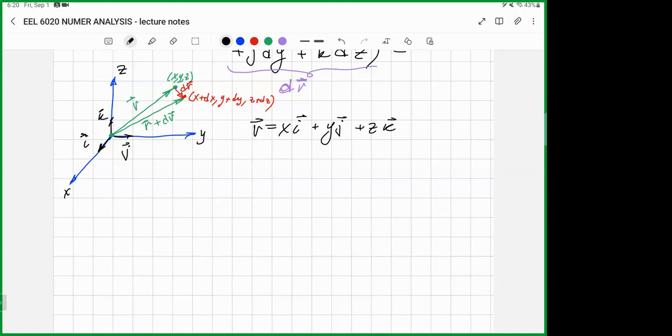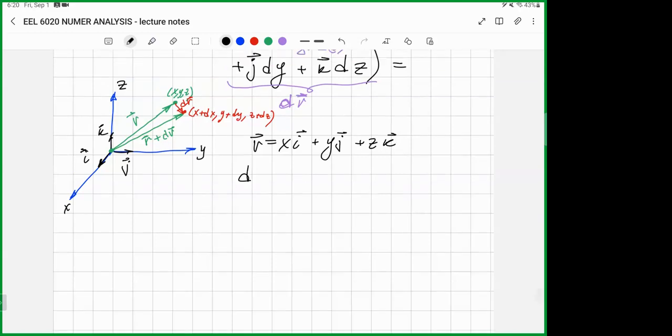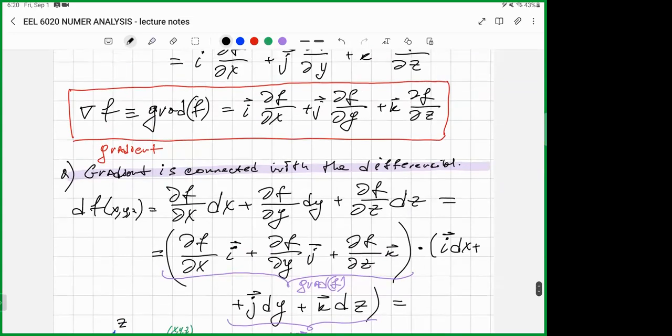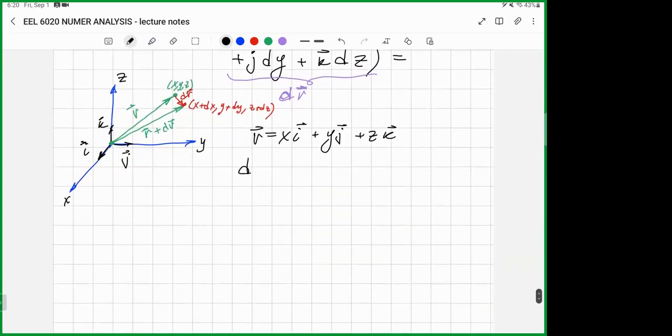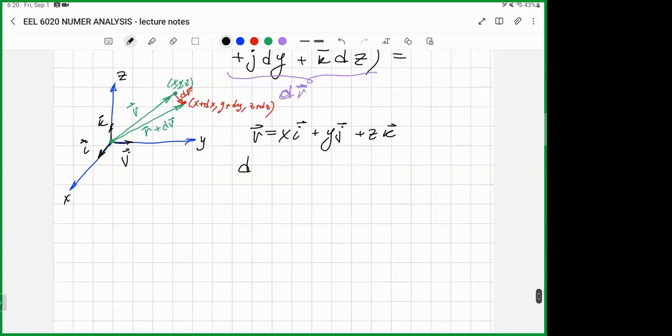Right? And if I take the differential using our first formula, what would I get?